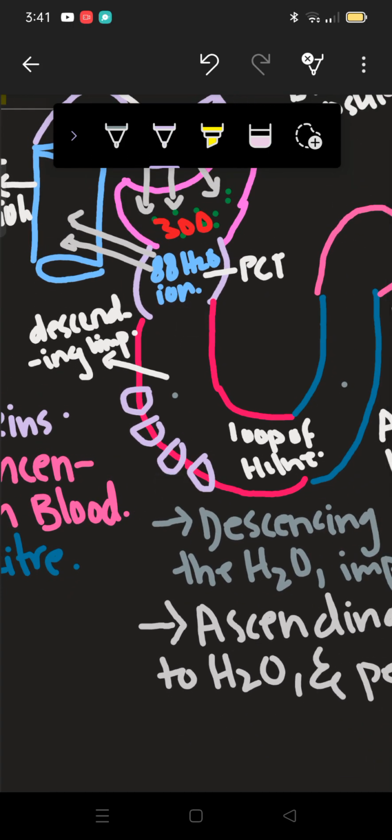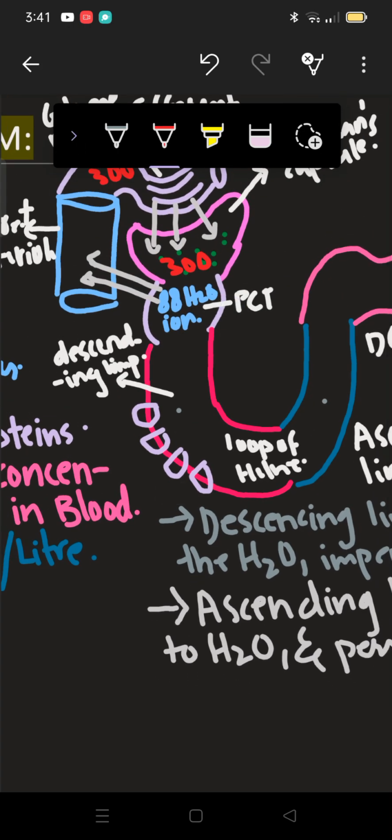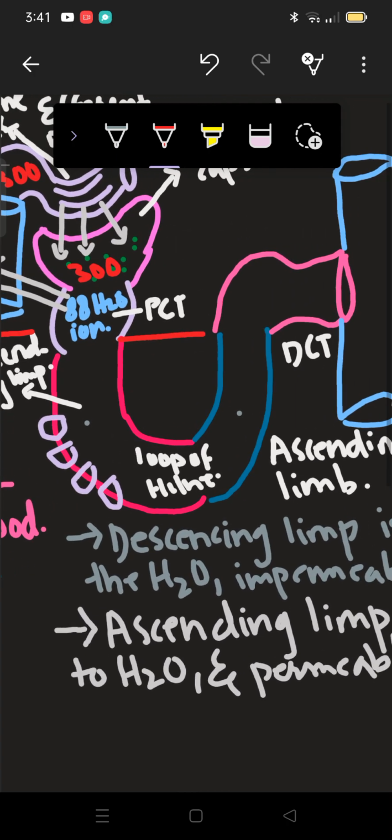Here I should tell you this thing as well. Till the PCT, the osmolarity of the interstitial fluid is 300 osmol per liter.